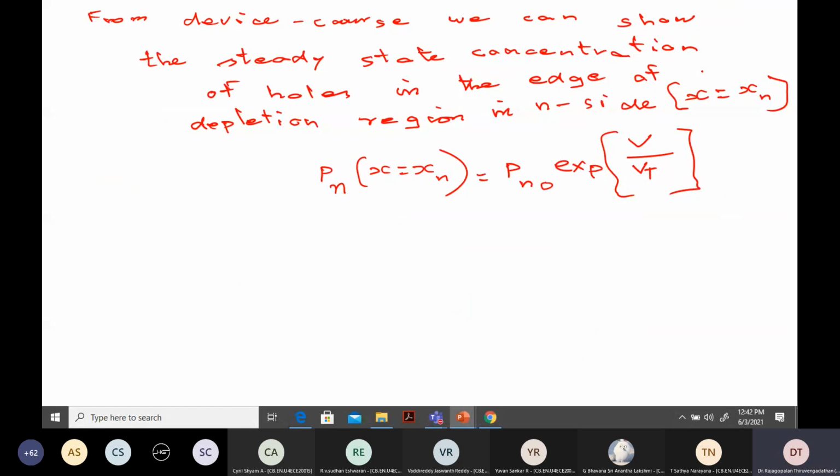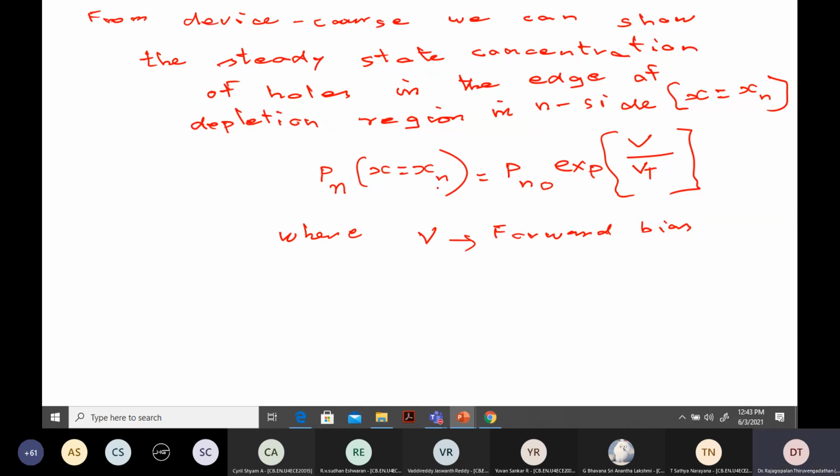The exponential relationship is found from device physics experimentally, that it is a competition between the forward bias voltage, where V stands for forward bias voltage. So greater the forward bias voltage, greater will be the concentration.